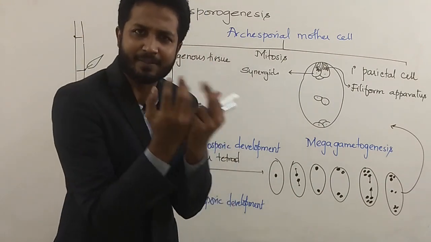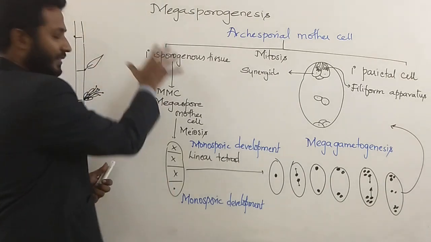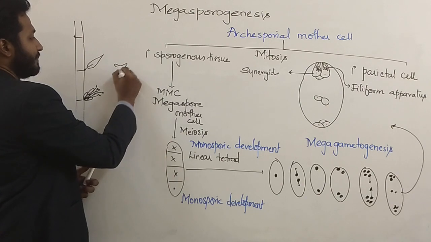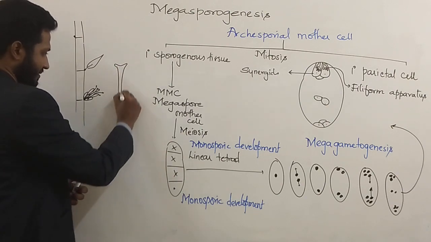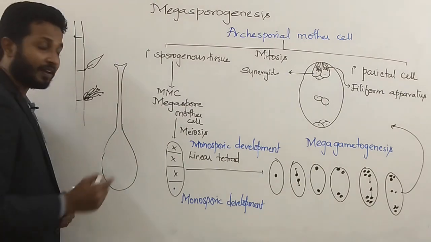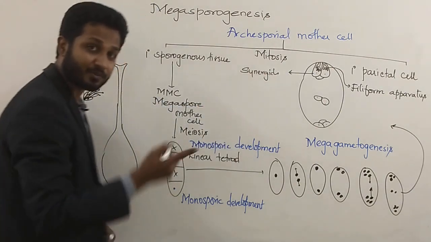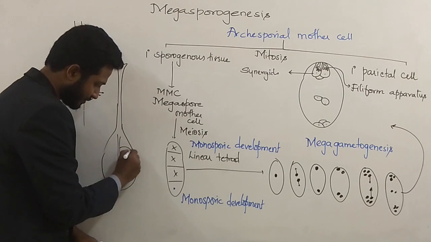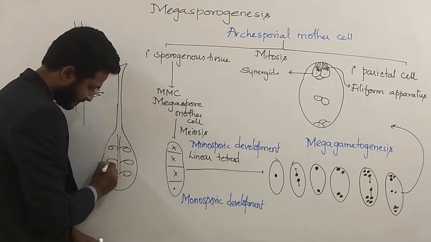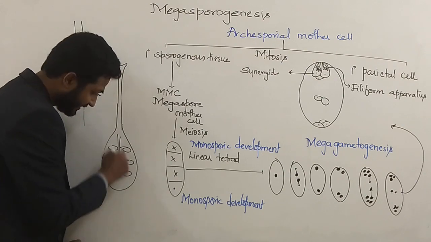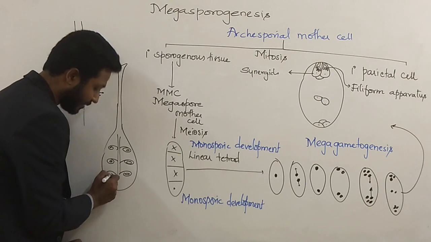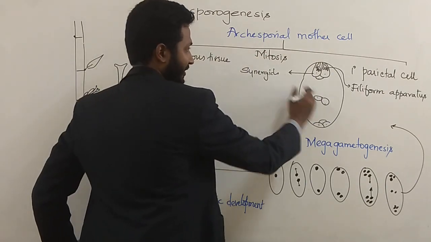See, it releases chemicals. If you remember the gynoecium diagram I had drawn, which had stigma, style, and a swollen base called the ovary. Where is this structure being present? It is within the ovule, right? This is the ovule. Within this ovule, you have that 7-celled 8-nucleate condition called the embryo sac or female gametophyte, this structure.